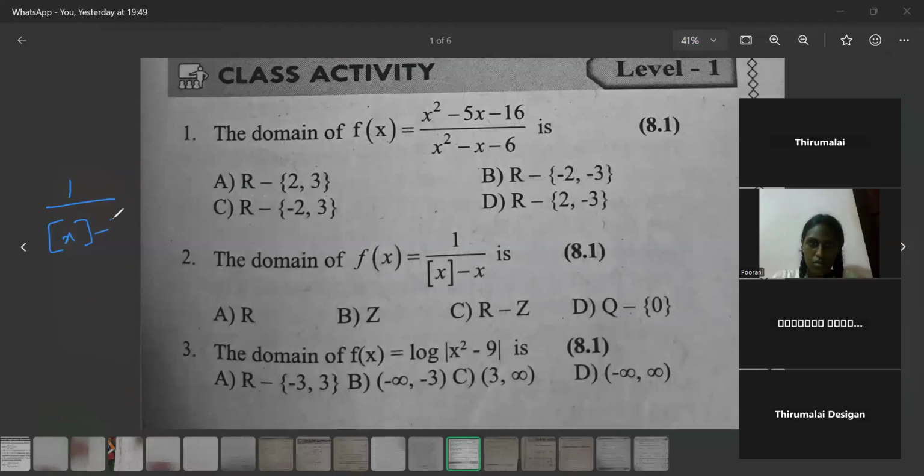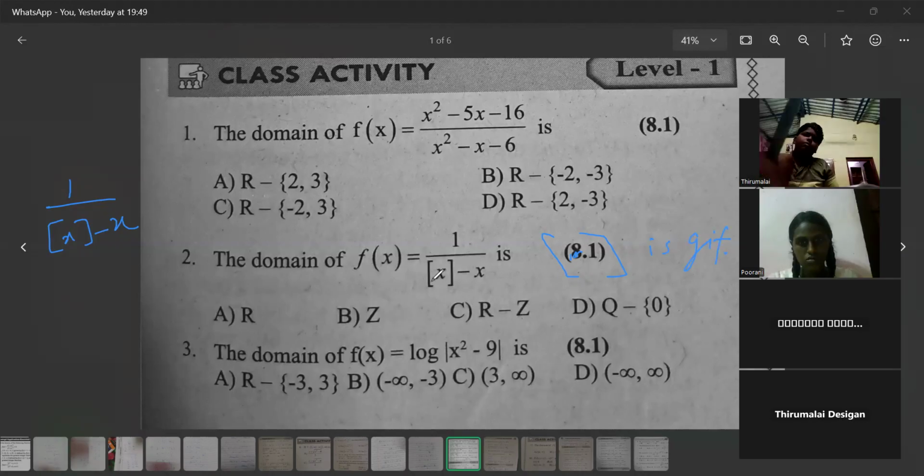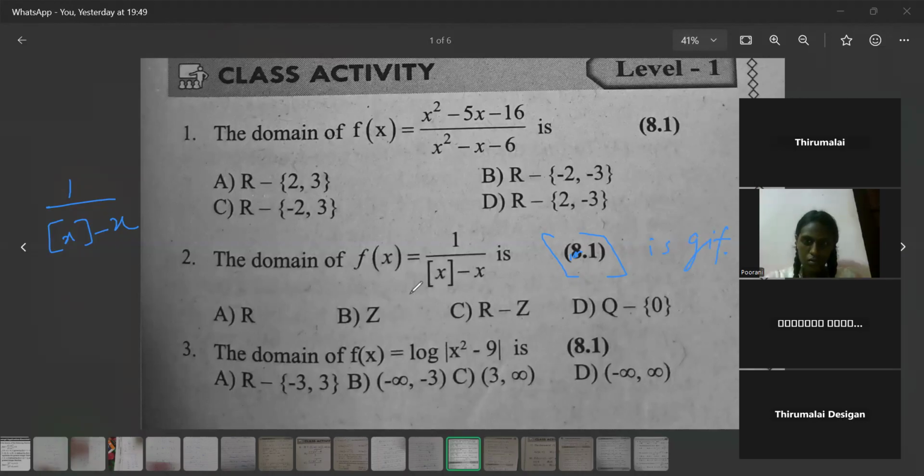Option C. Here there is one statement missing; it should be stated that box x is the greatest integer function. So now considering this function as 1 upon fractional part with the greatest integer function, for which values of x is this defined? Option C, R minus Z.